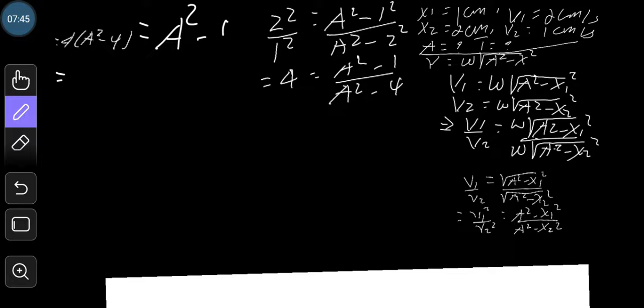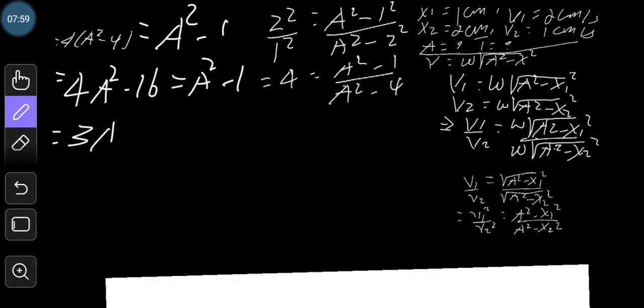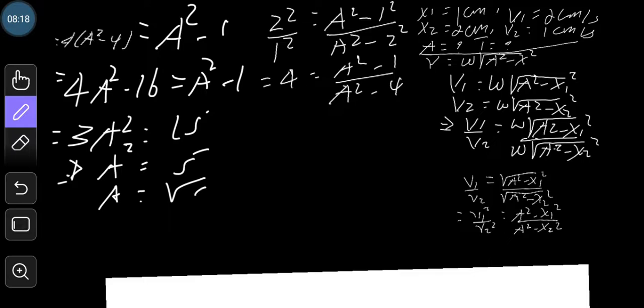Then distributing, 4 a square minus 16 is equal to a square minus 1. Then finally 3 a square is equal to 15. This implies that a square is equal to 5, so a is equal to under root 5.